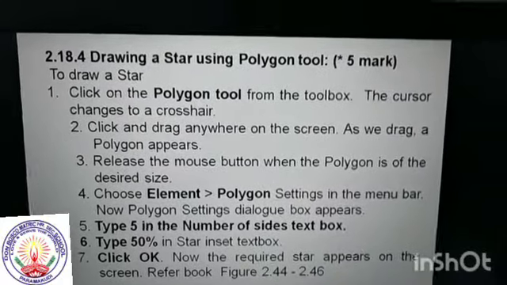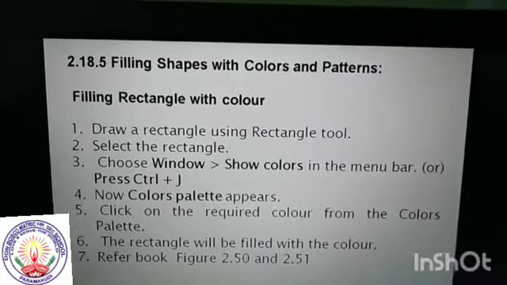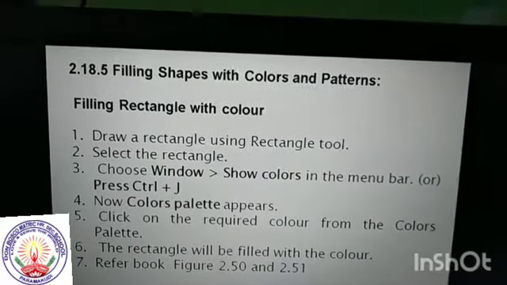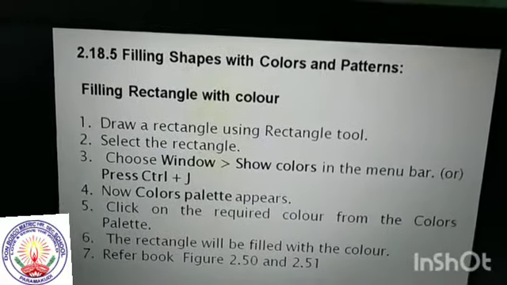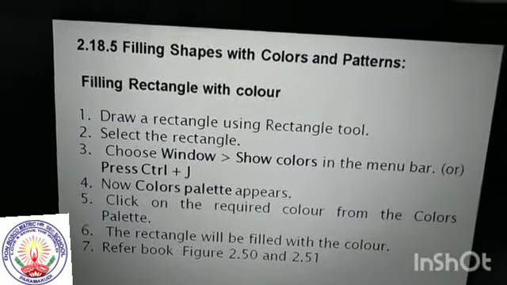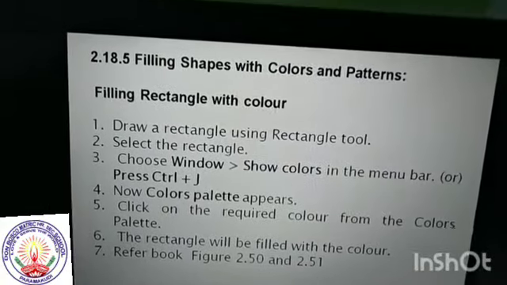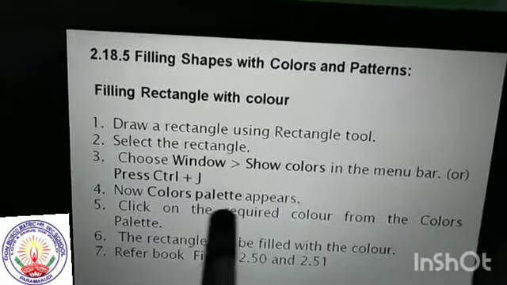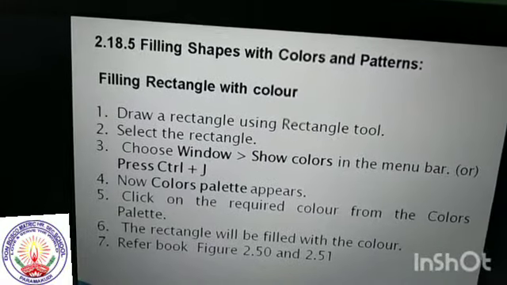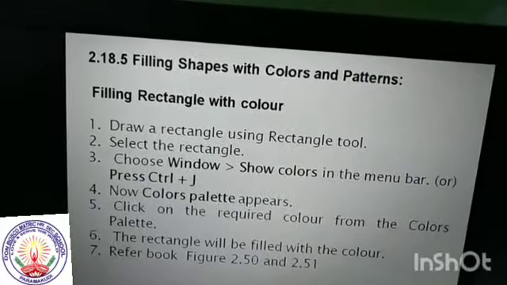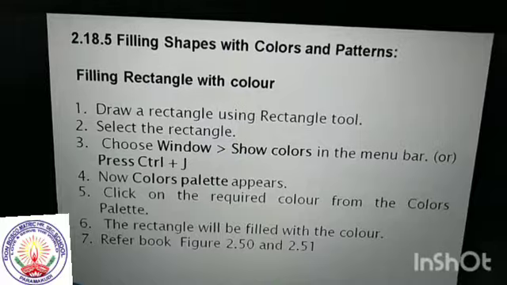Next, filling the space with the color pattern. Space means shapes. If you want to color a rectangle, square or ellipse, you have to draw the shape first. Then select the Window menu and Show Colors, otherwise Ctrl+J.